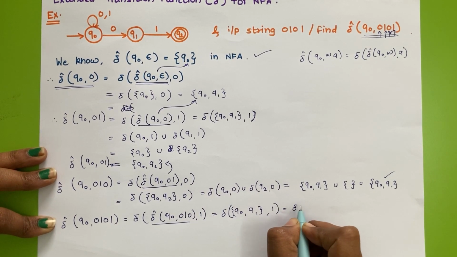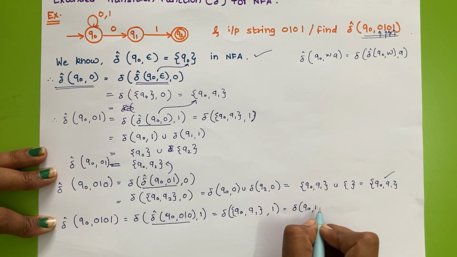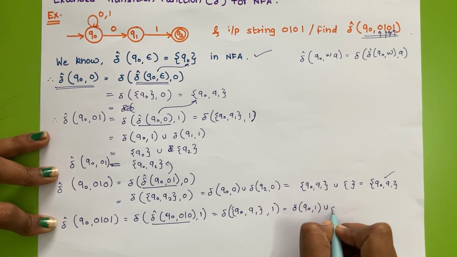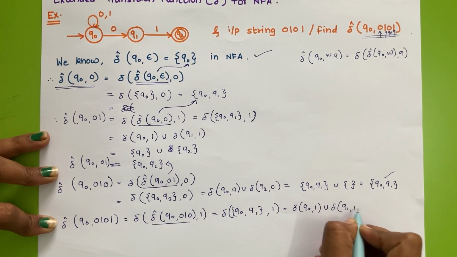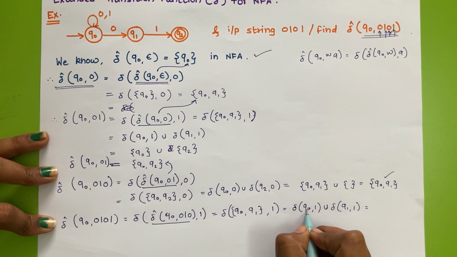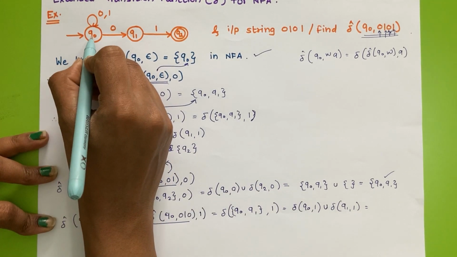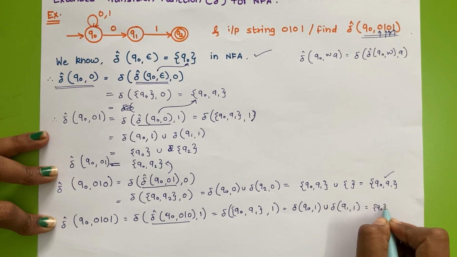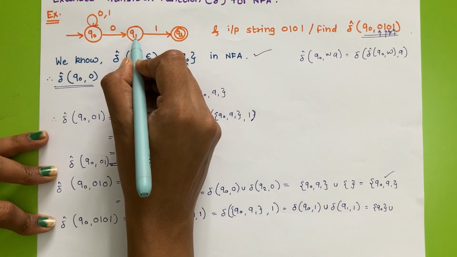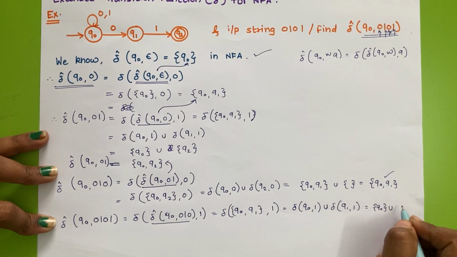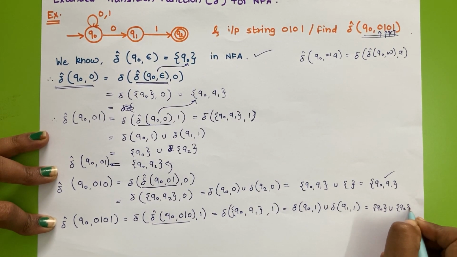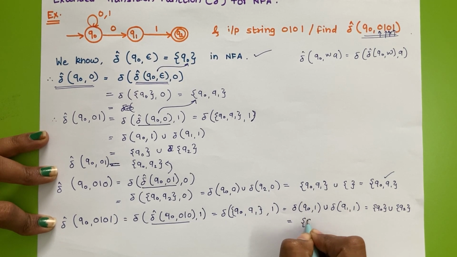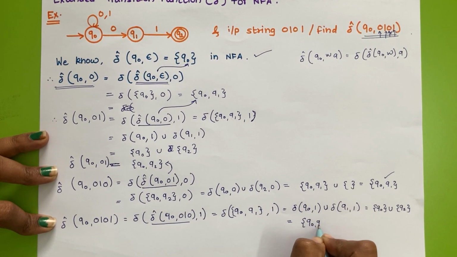That is nothing but delta of Q0 comma 1 union delta of Q1 comma 1. Delta of Q0 comma 1 is nothing but Q0, union delta of Q1 comma 1, which is nothing but Q2. So the output is Q0 comma Q2.